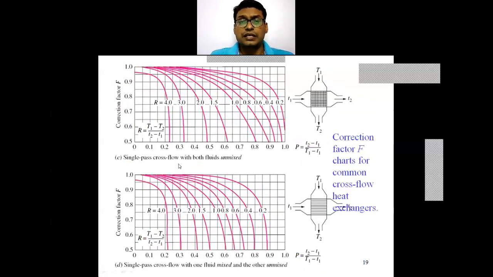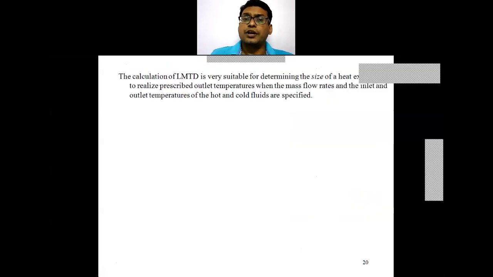So these are the single pass cross flow with both fluids mixed, then single pass cross flow with one fluid mixed and the other unmixed. So different permutations and combinations are available.